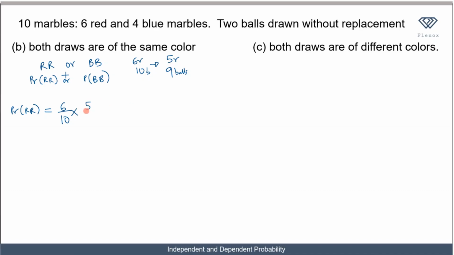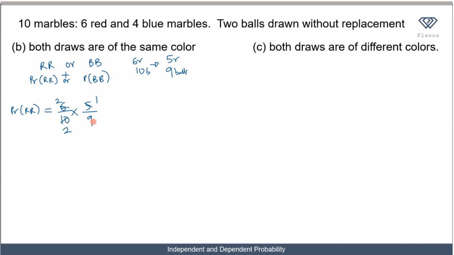So I have 6 over 10 times 5 over 9. So 5 here, 5 here, 2 here goes, 2 here.